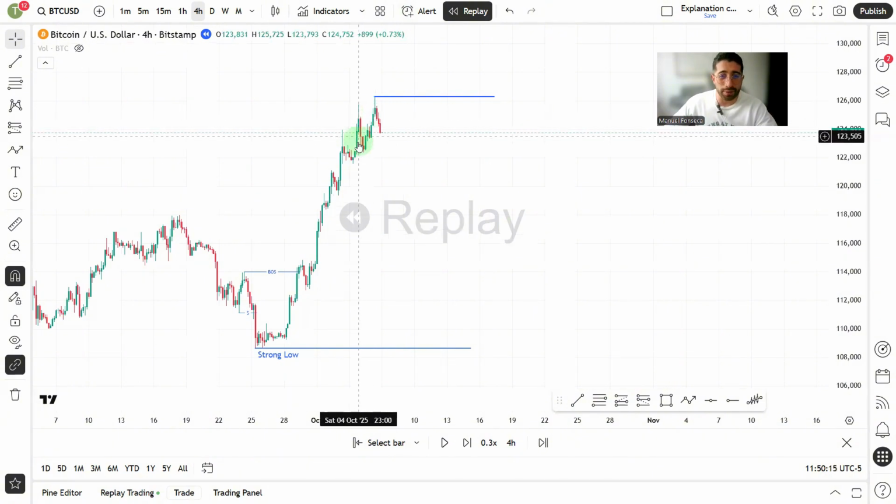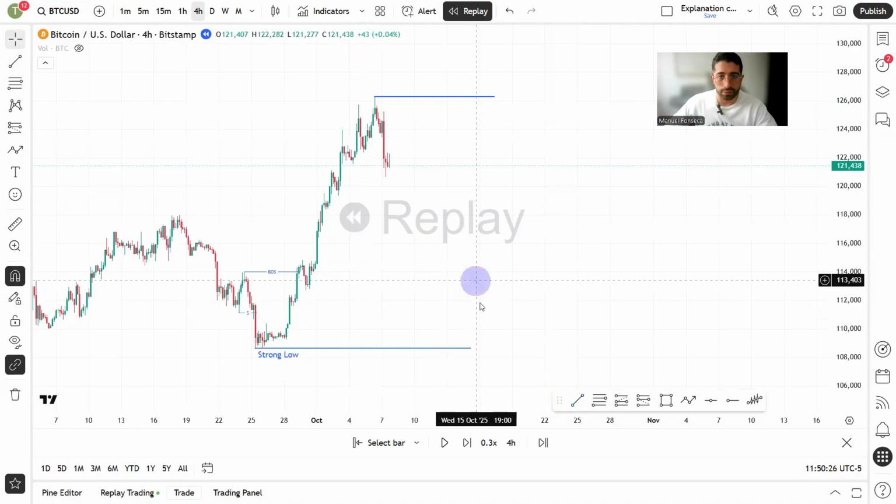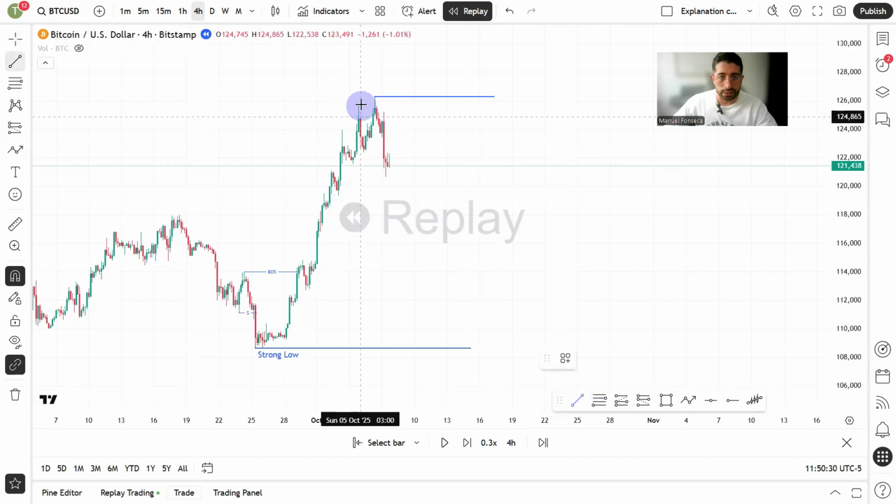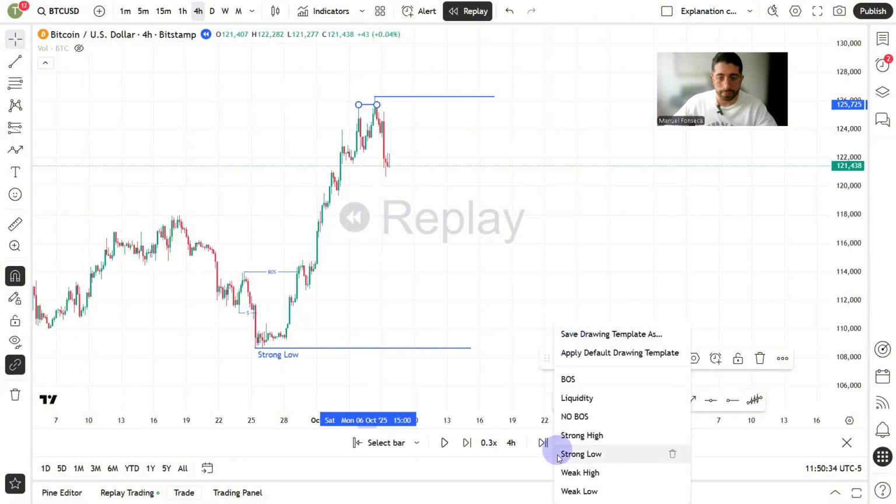But now the price starts kind of consolidating, and once the price consolidates, in this example, we can see the next highest point of the market, which was this one, has done liquidity taken right here.